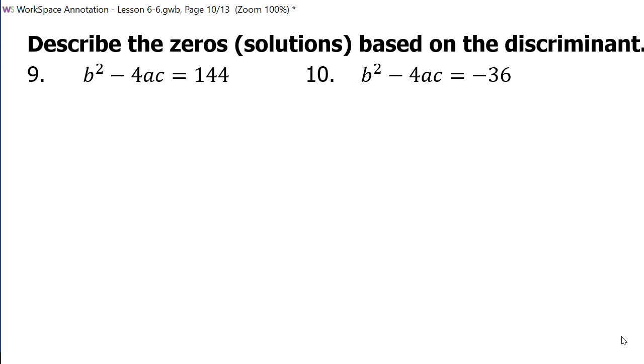Okay, so here's the next set of instructions. It says describe the zeros based on the discriminant. So go ahead and write that down. Describe the zeros based on the discriminant.